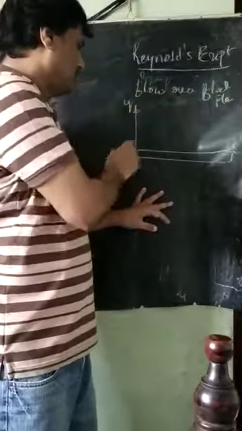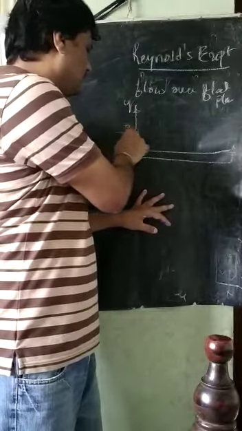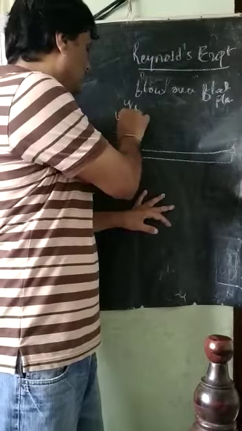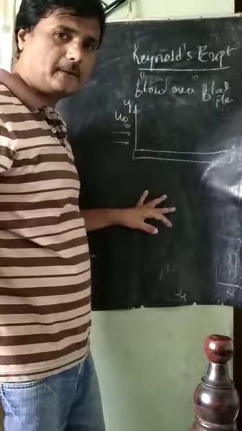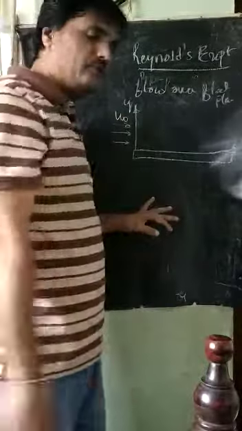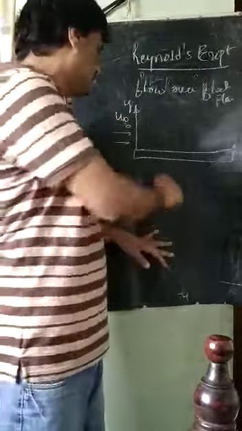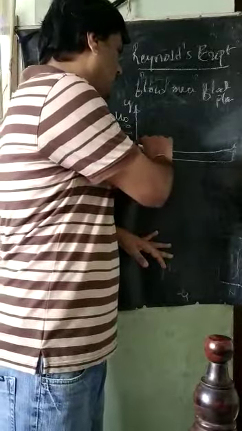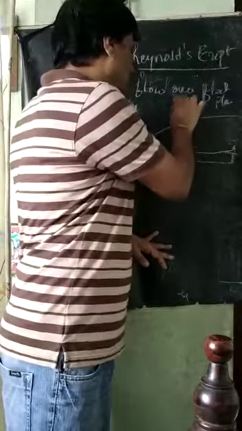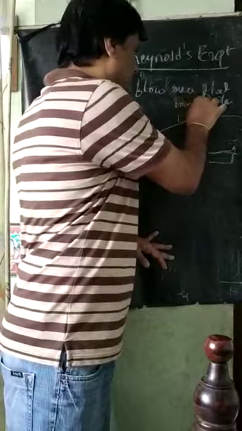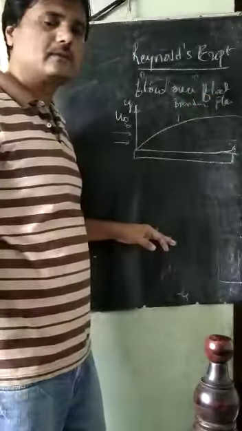Before the flat plate, as we have seen in many cases, there is the u infinity free stream velocity. Then, as we have seen in some chapters, there will be the boundary layer. This is called the boundary layer here.